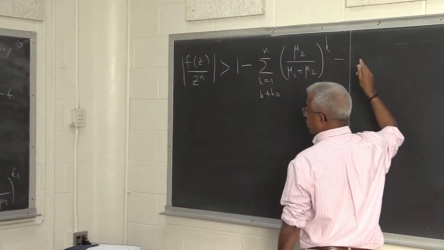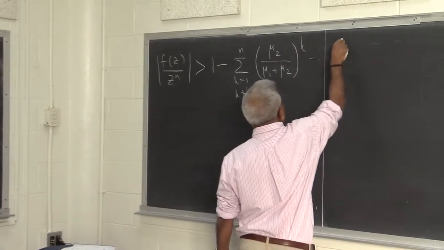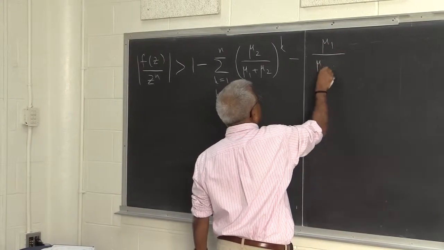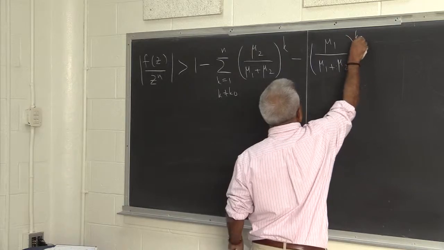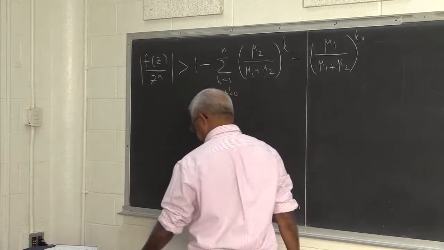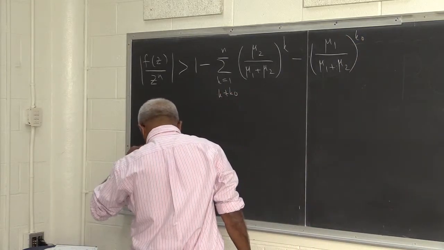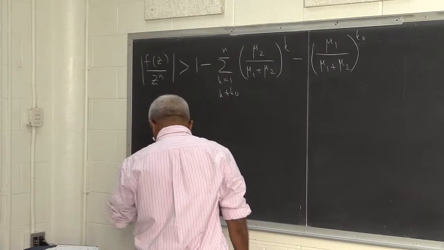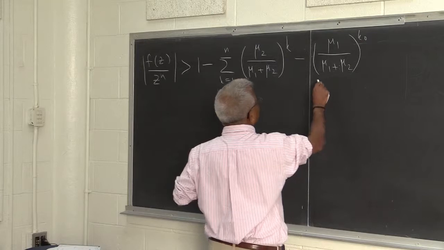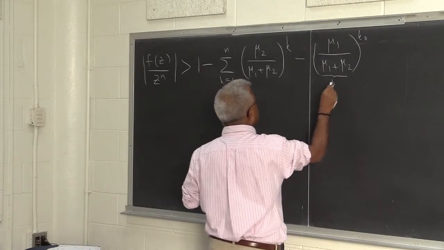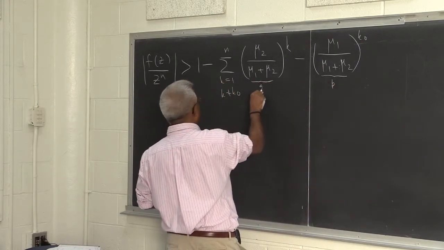And for that remaining one term, k0, it's going to be (mu1 over mu1 plus mu2) to the power k0. And so the easiest thing is, let me define this to be P and this to be Q, to write it.